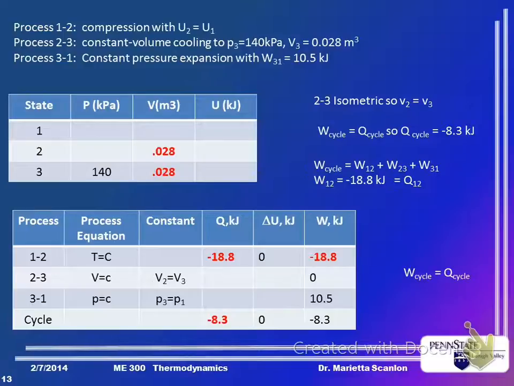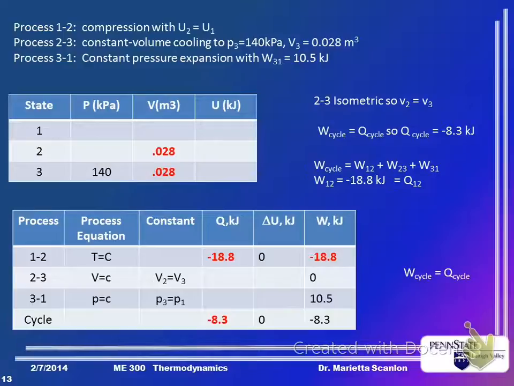By setting up the integration, with P constant, and just divide by P. Everyone hear that? To solve for the volume at 1, you know work 3 to 1, and you know pressure is constant from 3 to 1. So W is equal to the integral of P dV.